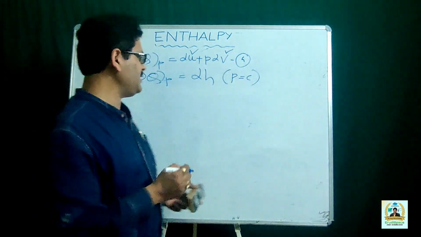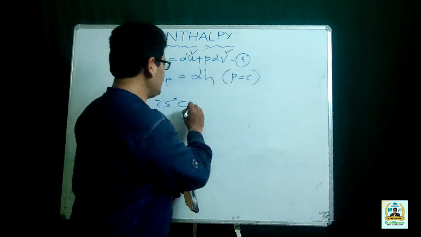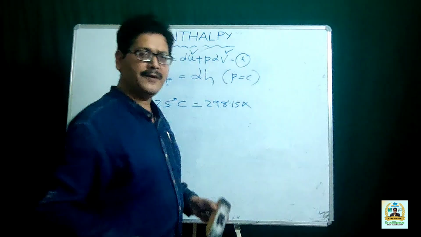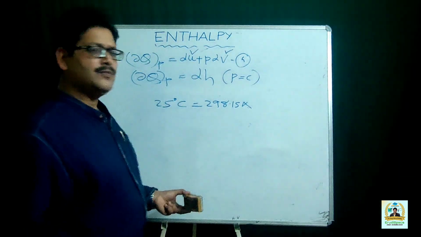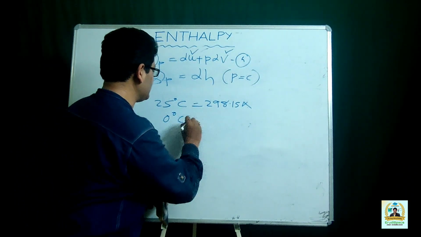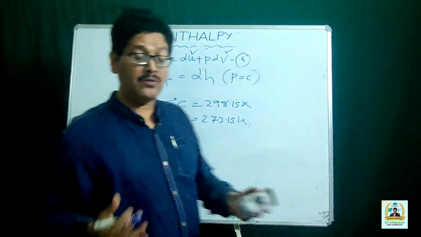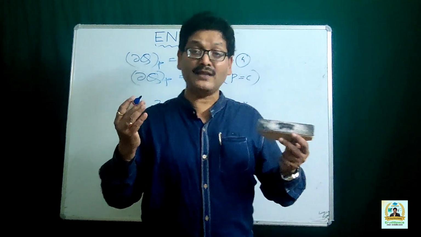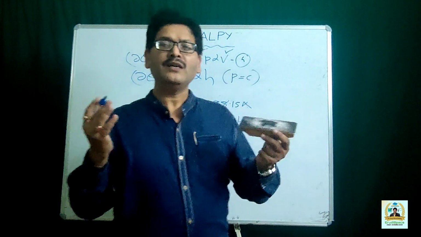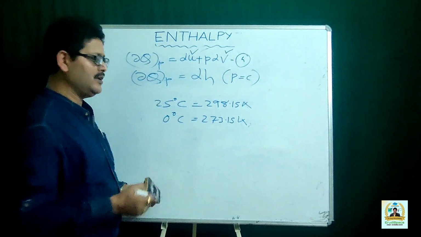Usually the reference point taken is 25 degrees Celsius, that is equal to 298.15 Kelvin. Some of the researchers do take the reference point at 0 degrees Celsius, that is 273.15 Kelvin. Once you take this as a reference, then you can easily compute the change in enthalpy, whatever may be the value, whether you consider 0 or this one.